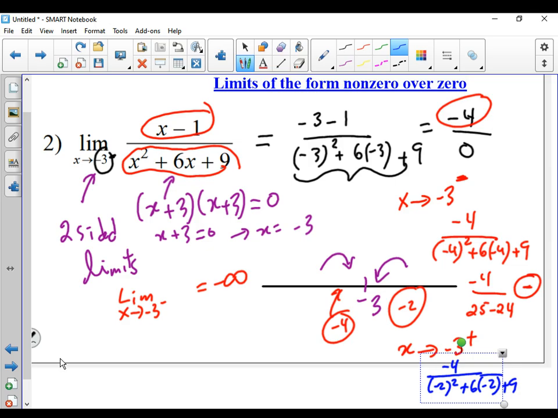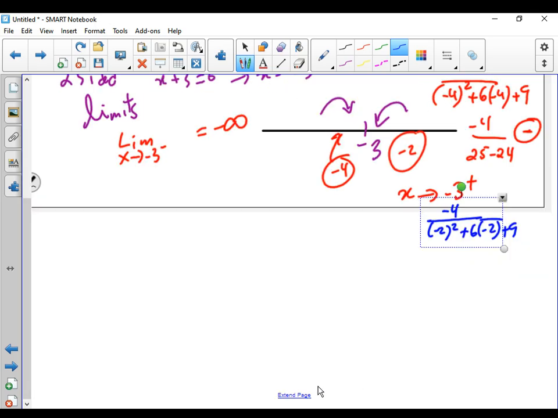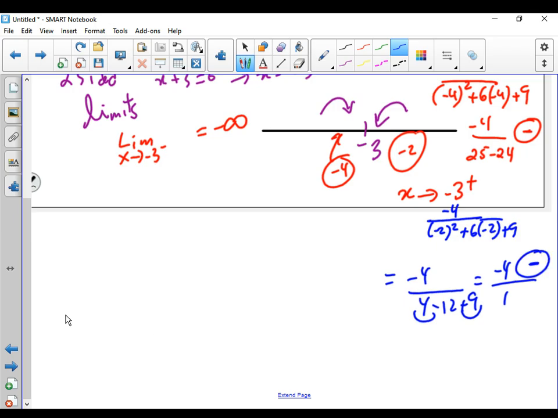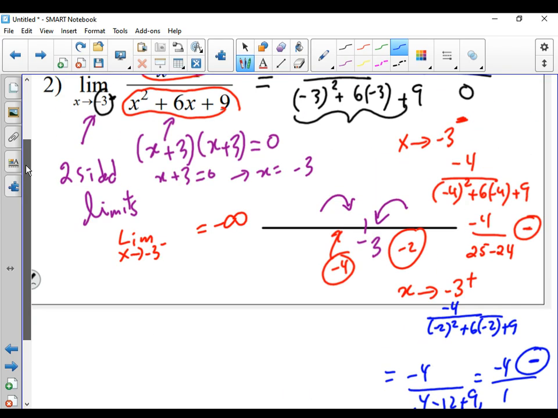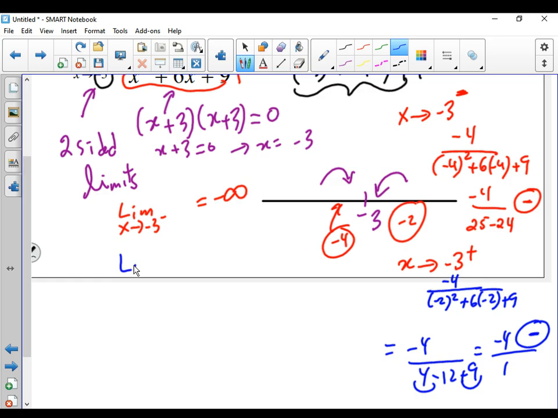If we simplify this, that's 4, and 6 times -2 is minus 12, plus 9. So that's 4 plus 9, 13, minus 12 is 1. So -4 divided by 1 gives a negative again, which means the limit as x is approaching -3 from the right is also -infinity.